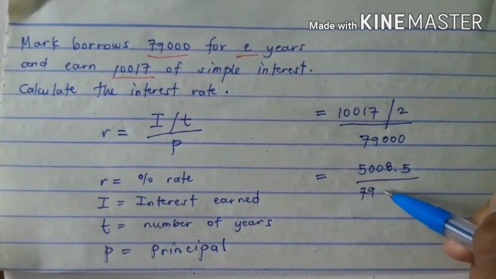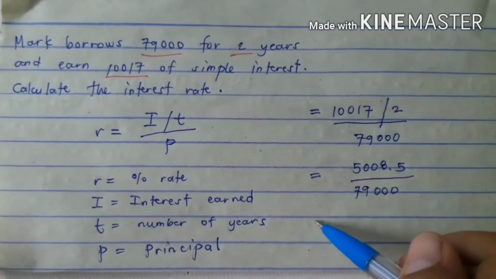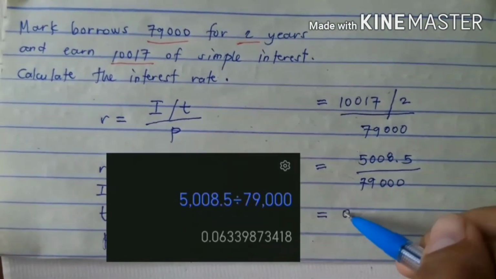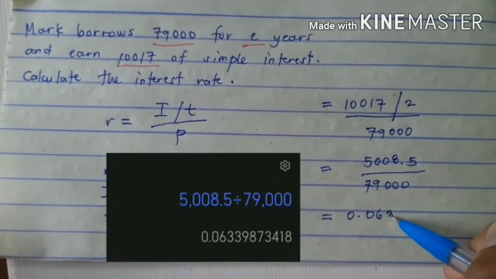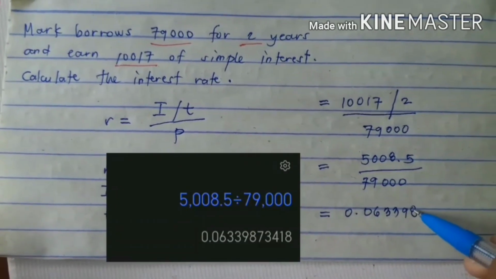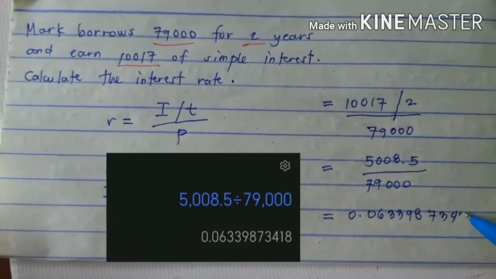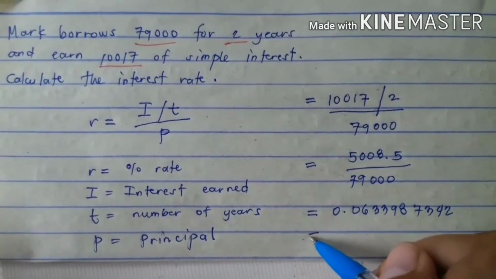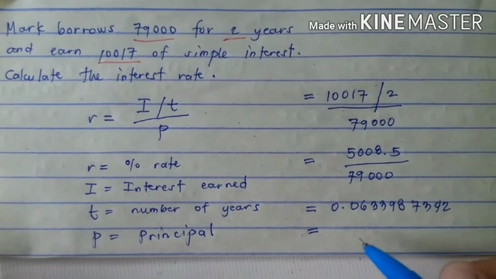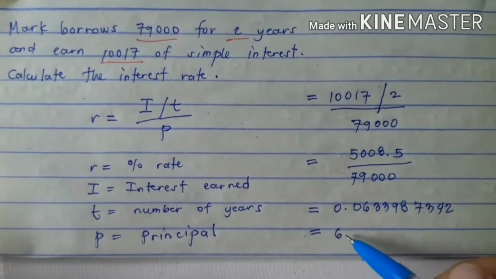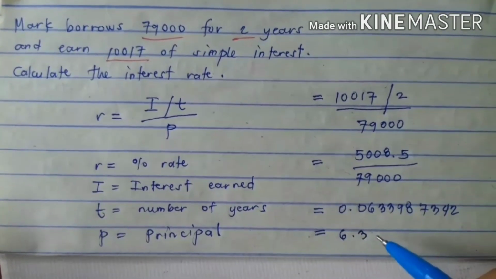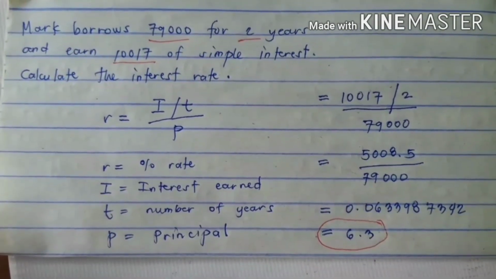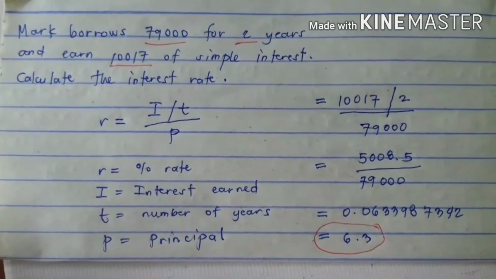Then copy the principal. 5,008.5 divided by 79,000, the quotient is 0.06339873418. Then I round off. Remember, we are looking for the interest rate, so we change decimal to percentage. Move 2 decimal places to the right to get the percentage. 6.3% is the interest rate.